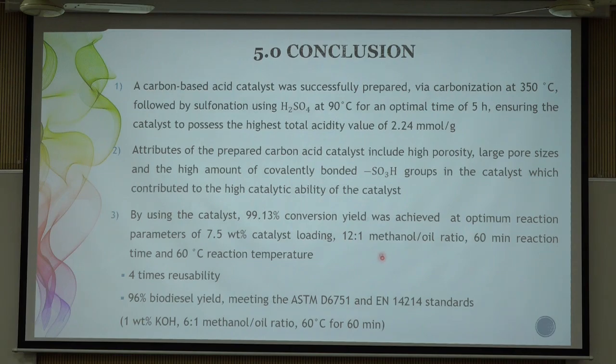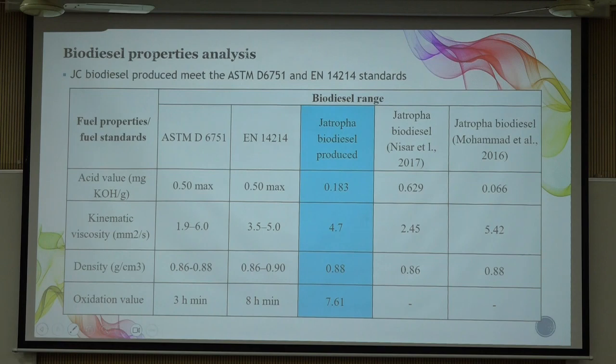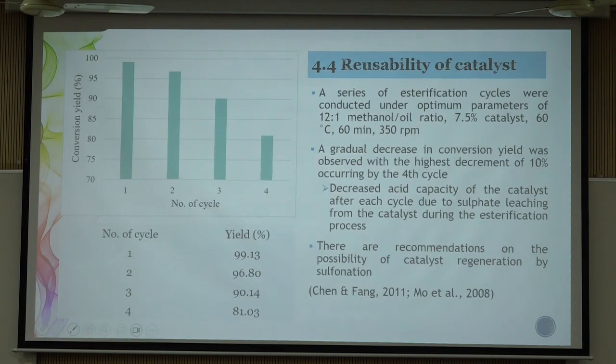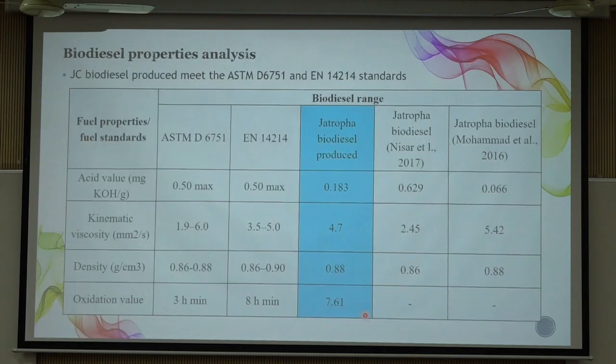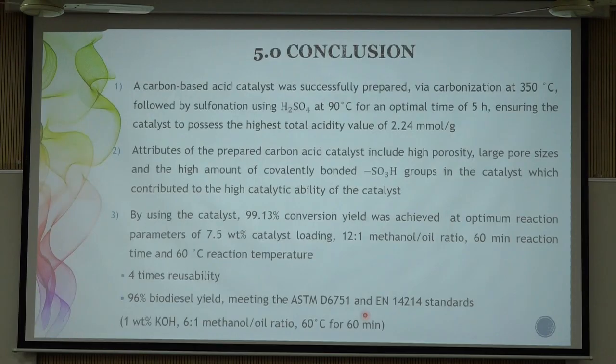No, it might be 6 to 1, because this one is the second stage, the transesterification. 6 to 1 is for the second step, not the first step. 12 to 1 is the first stage, the acid esterification. Yes, correct. This one is 6 to 1, and this one is 12 to 1.